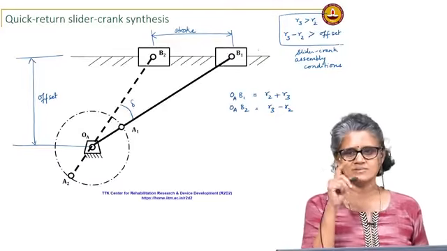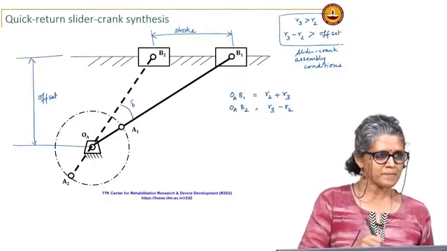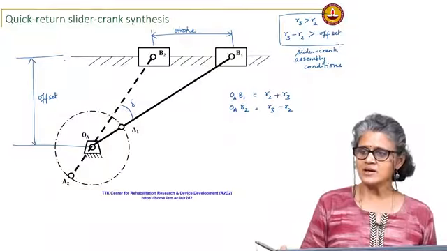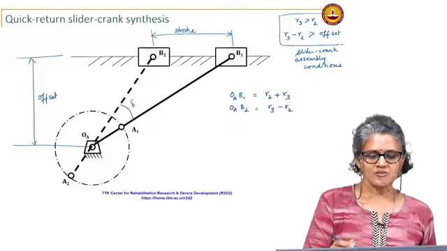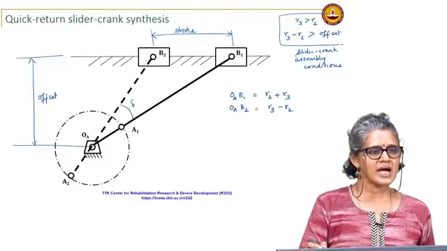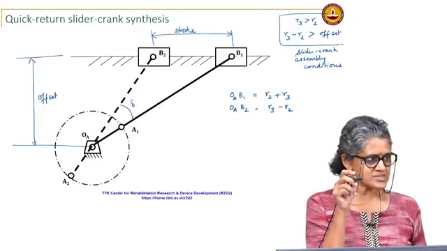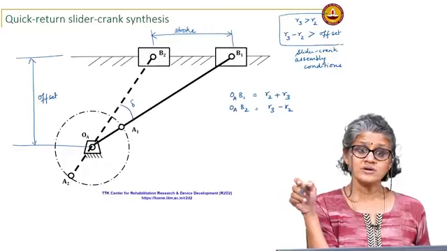What is the locus of this point OA? It is going to be a circle, where your chord makes an angle delta on the circumference, which means it has a central angle of 2 delta.